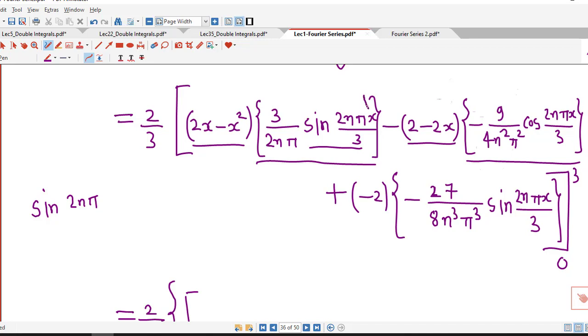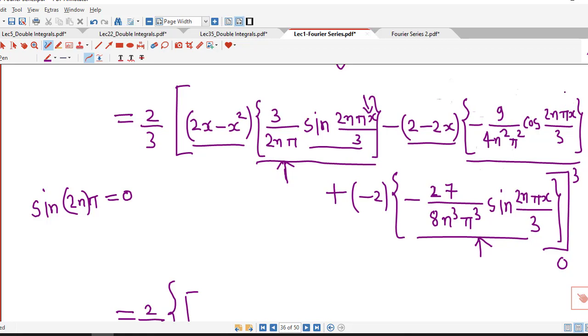If we put x equal to 3 here, 3 will cancel out and we have sin 2n pi, and n is an integer, so 2n is also an integer. So we have an integer multiple of pi, and we know that if we have an integer multiple of pi, sin has value 0. So this term will be 0 for x equal to 3. Similarly, this term will also be 0 for x equal to 3.